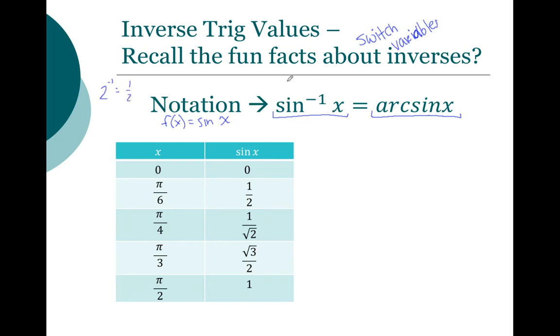This is not indicating 1 over sine x. So this is not the reciprocal. This is inverse. This is another notation for inverse where you will see arc sine of x. So be careful with this. It's not the same piece that we're working on.